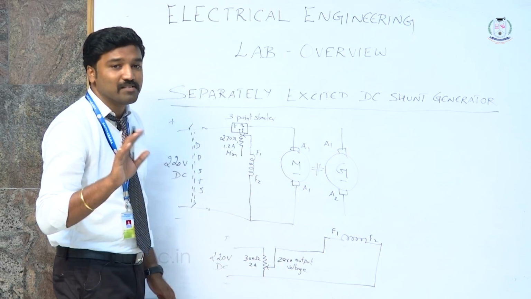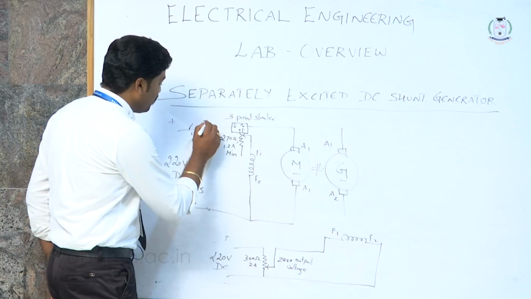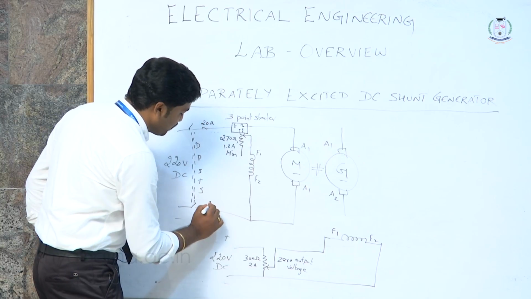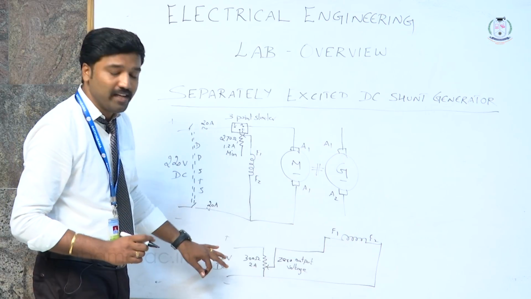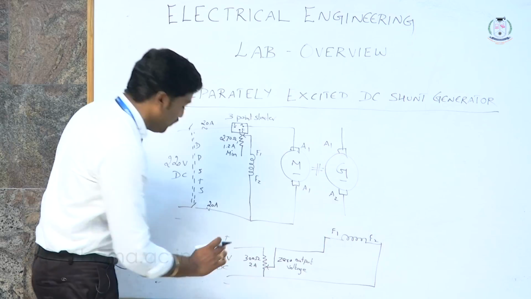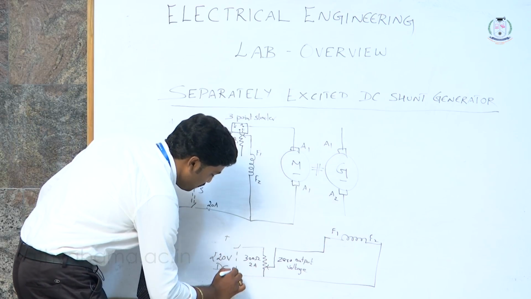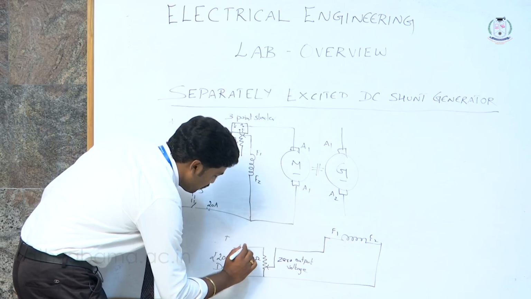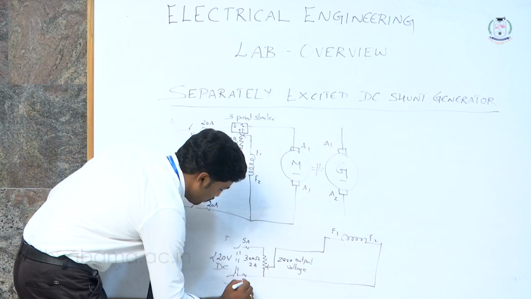A motor always consumes a current of more than 10, so obviously the fuse of the DPST should be 20 amp for your motor. The field DPST will be taking less than 5, so a 5 ampere fuse is enough. So here also the DPST switch is needed. I am making a DPST, and a fuse is also needed. This carries 5 ampere current.